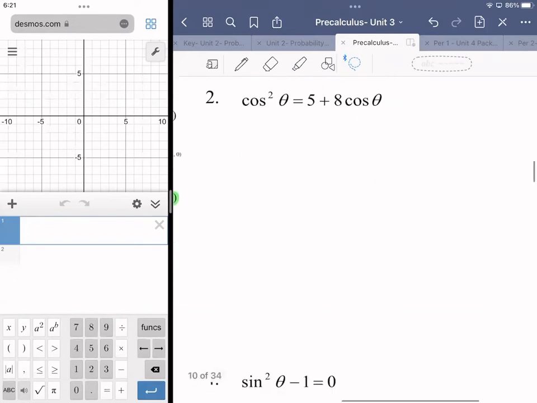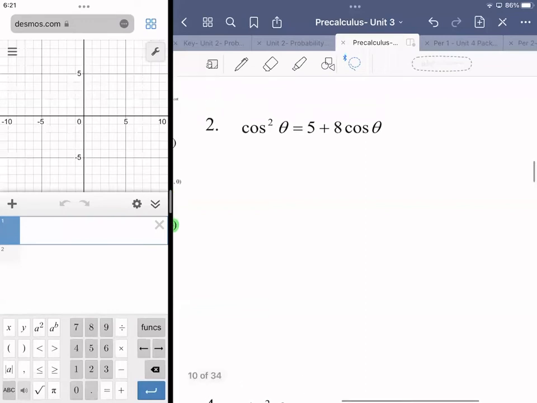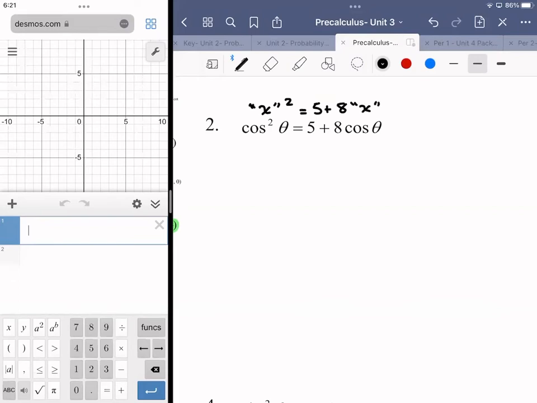Now this one, if we're treating sines and cosines as different variables from each other, we're treating them as variables in and of themselves. So we have to think of this as x squared. I know that looks weird, but it's like quote unquote x squared is equal to 5 plus 8 quote unquote x. It's not really x.